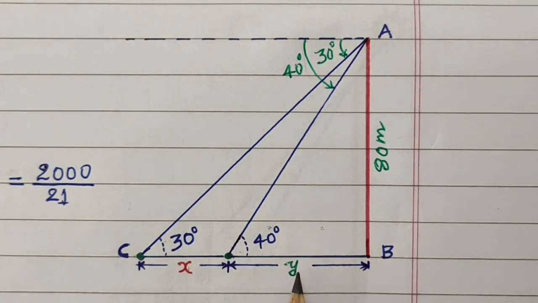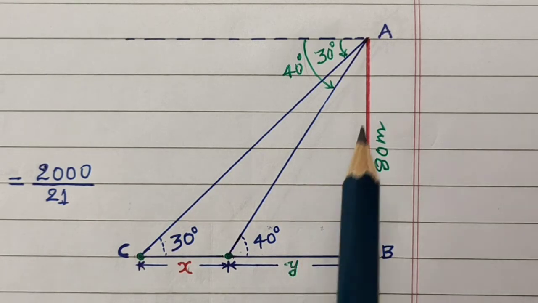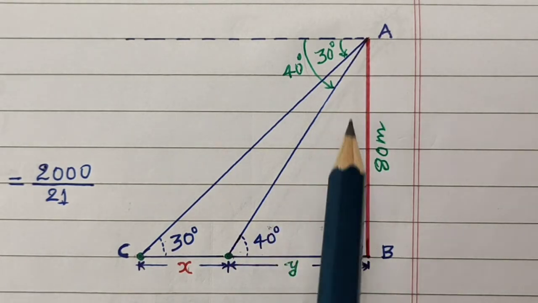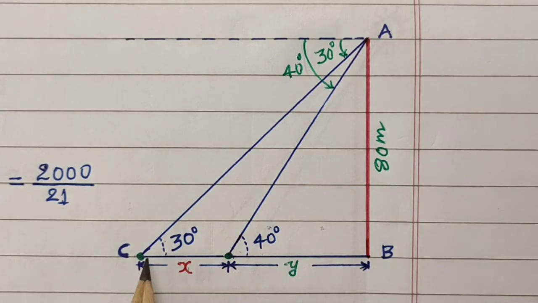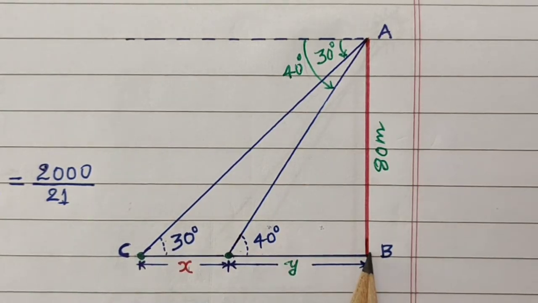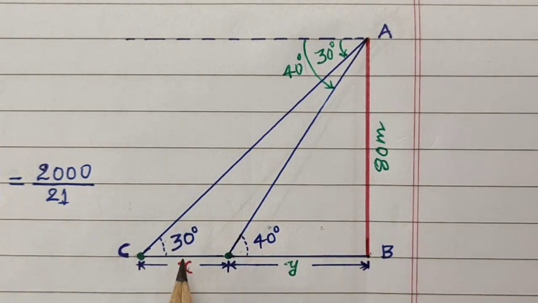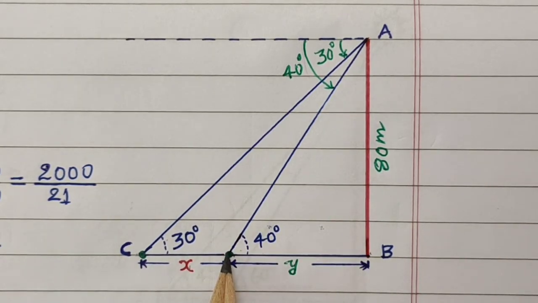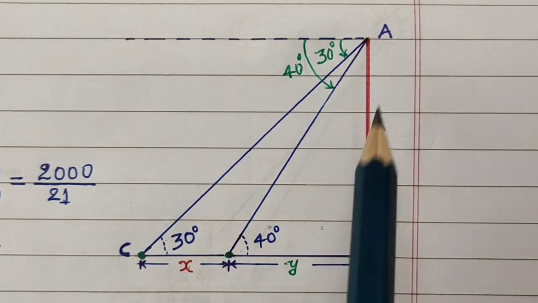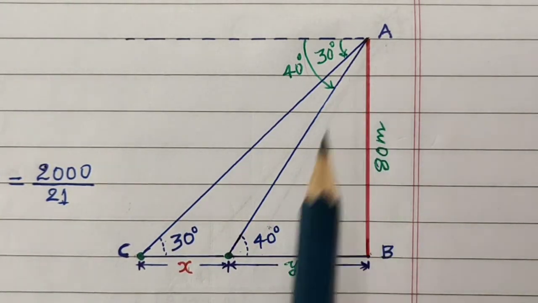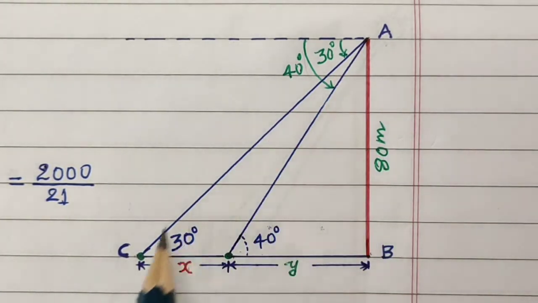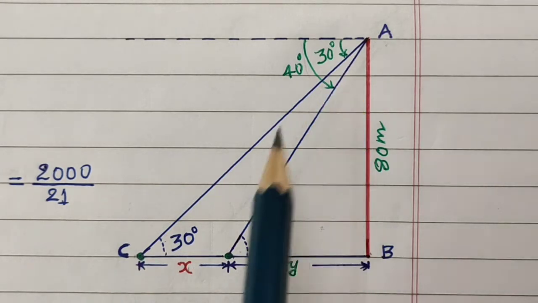For that, we need to find the value of y using this triangle. When you find the value of y, the total length CB minus y will give the distance between the two ships. There are two triangles, one triangle here with angle 40 degrees, one more triangle here with 30 degrees. So we can find y using this triangle and CB using the other.